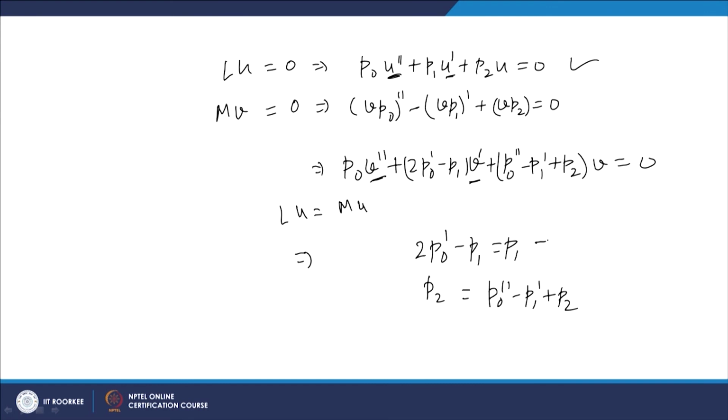Now if you simplify this, you get 2 p naught dash is equal to 2 p1. So we can write this as p naught dash equal to p1. If you use this, then p naught double dash is equal to p1 dash.